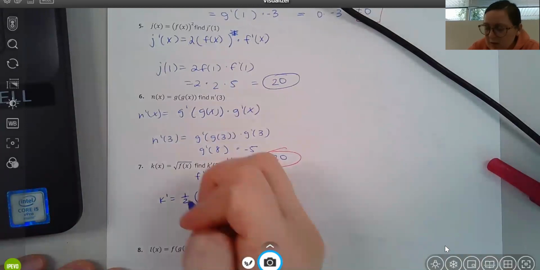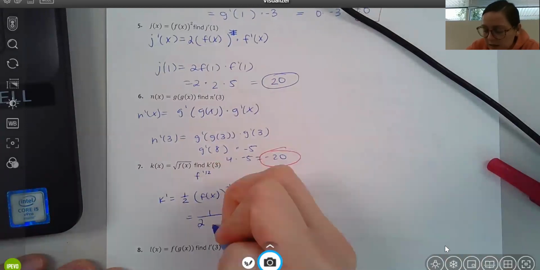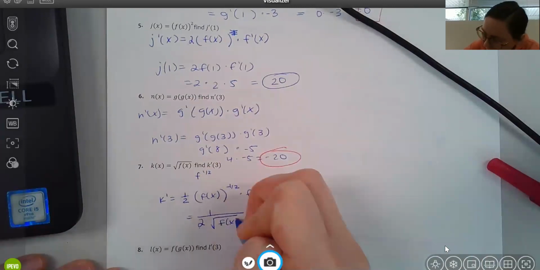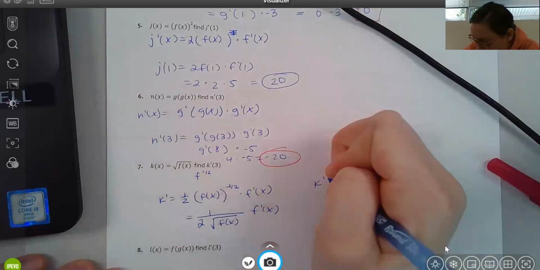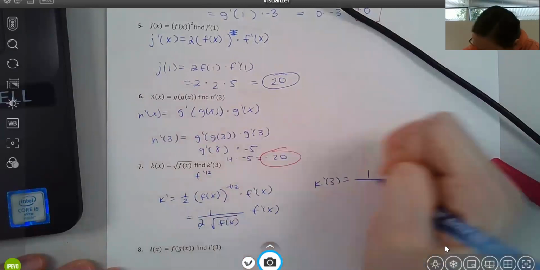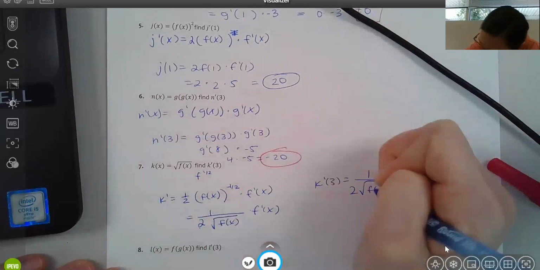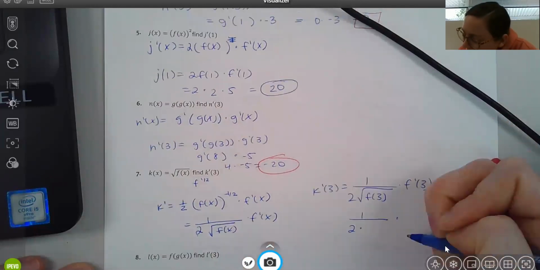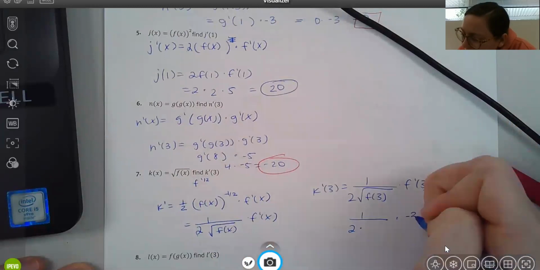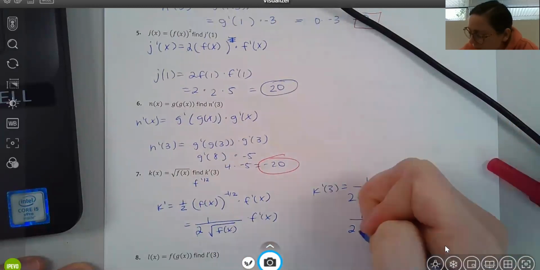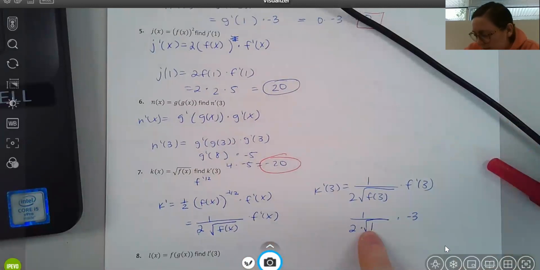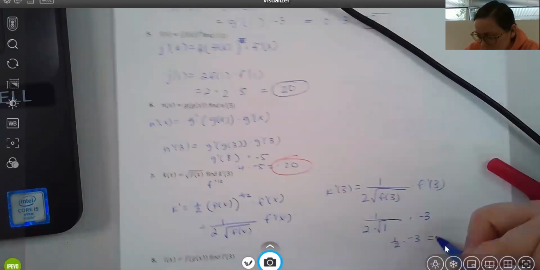So 1/2. F to the -1/2 power means in the denominator and in a square root. And now you can plug in. Here it's just square root of 1, which is 1, so it doesn't really matter. So it's 1/2 times -3, which is -3/2.